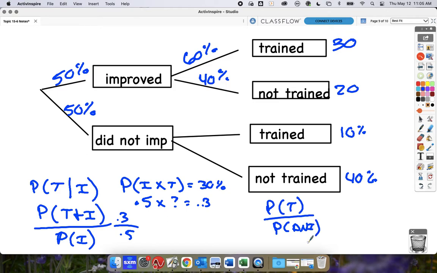So what is the probability that you did not improve and trained? 10 over the probability that you did not improve, 50, which gives you 20%. So the probability that you trained given you did not improve is 20%. What is this number over here? 80%. The probability that you did not train given you did not improve is 80%.